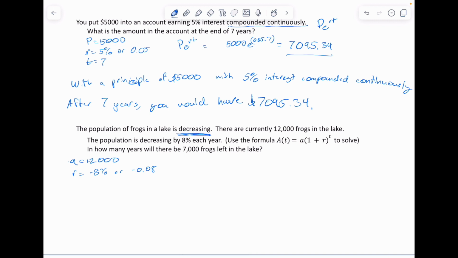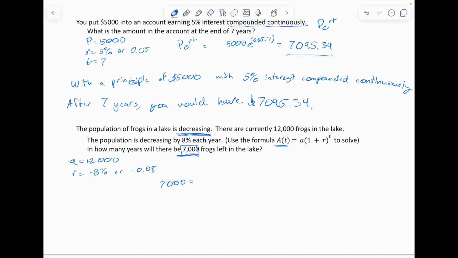This one, we're not looking for what's going to happen after T amount of years. We actually want to figure out when we will reach 7,000 frogs left over. So this one is the actual amount that you want, which is the same as A times (1 minus r) to the T. So we want to figure out the end result to get to 7,000.